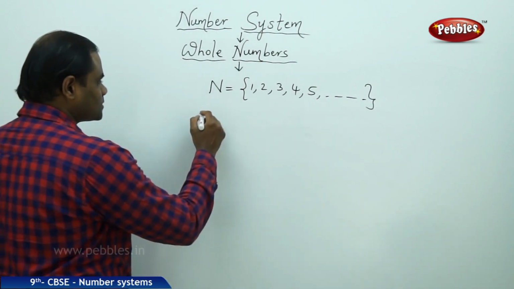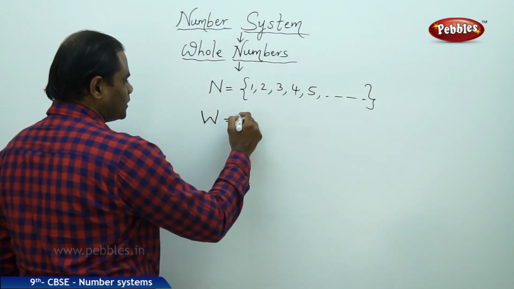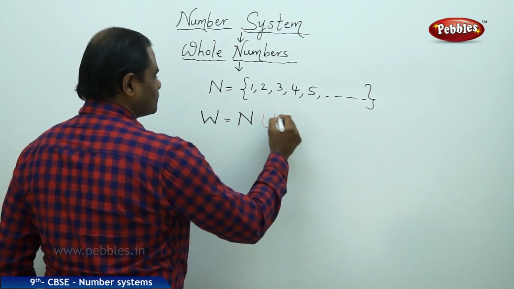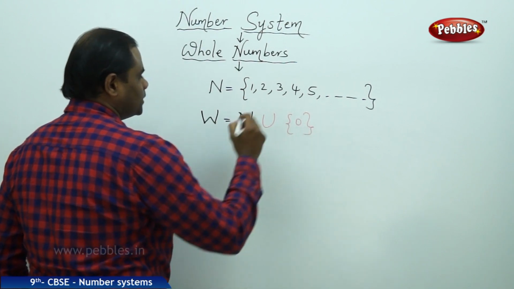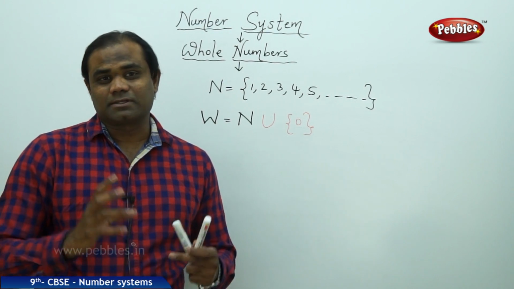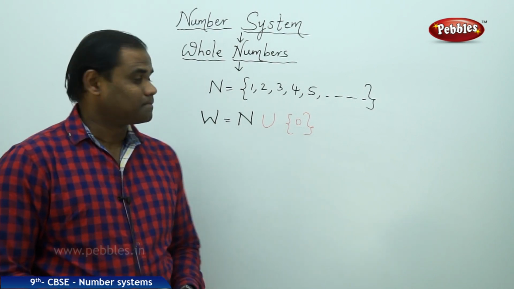Then whole numbers are nothing but natural numbers including 0, and that is the difference between natural numbers and whole numbers.